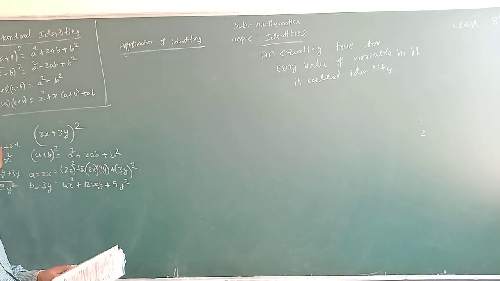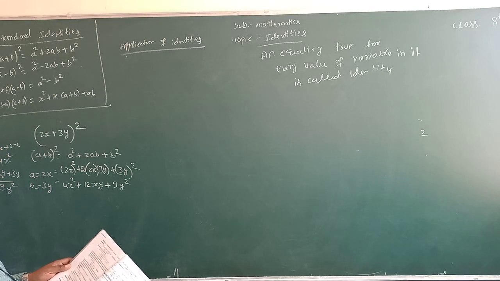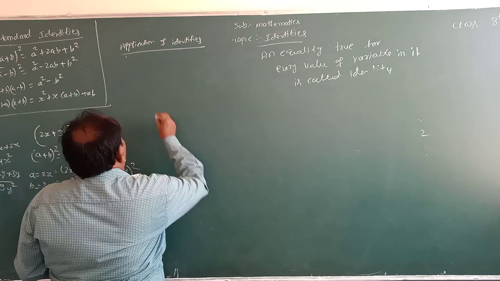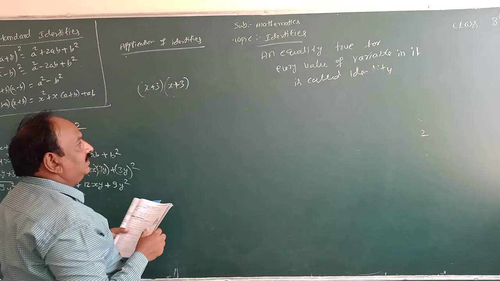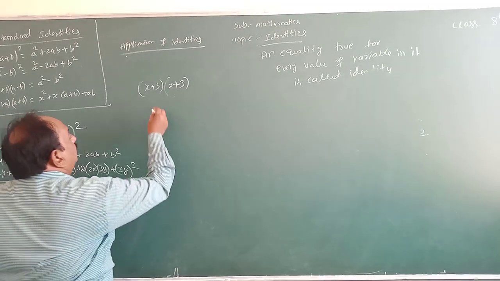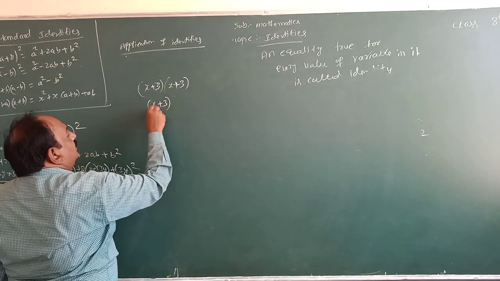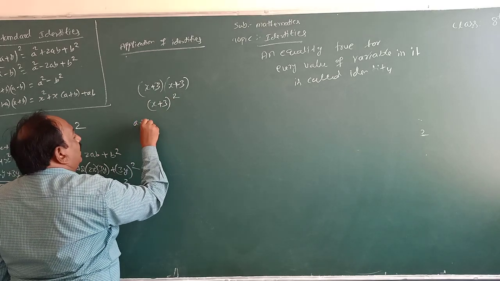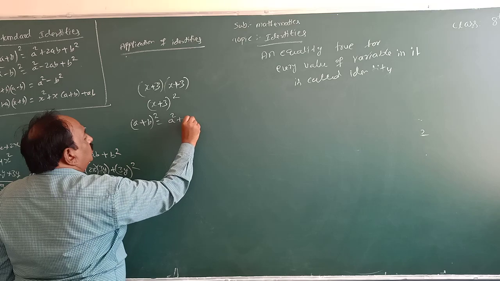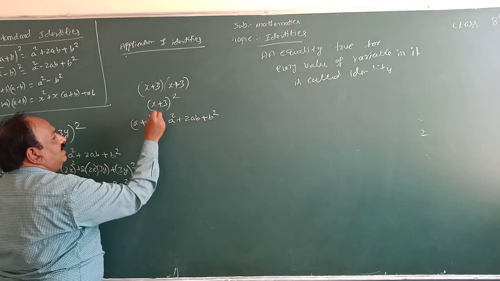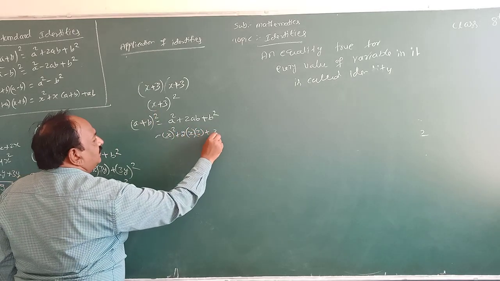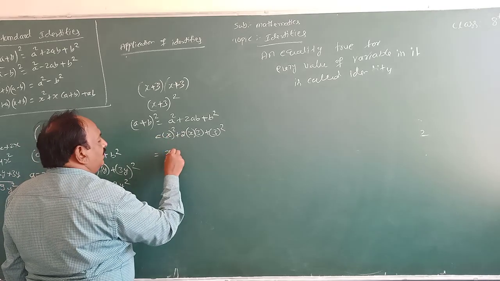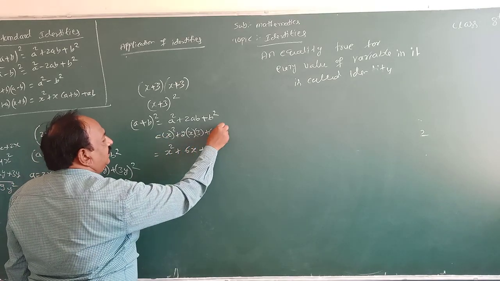Next one is (x + 3) into (x + 3). This can be written as (x + 3) whole square, that is (a + b) whole square, a square plus 2ab plus b square. a is x, b is 3, so x square plus 2 into x into 3 plus 3 square. x into x, x square; 3 2s are 6x; 3 3s are 9.